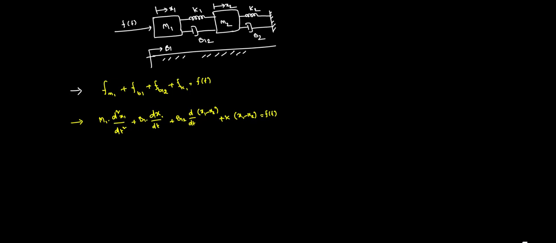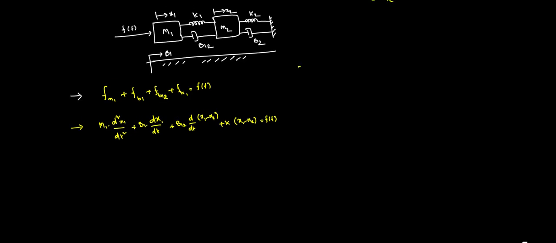Right? So similarly, if you write the free body diagram for the mass 2, I'm just making it simple, changing nothing else. That is f m2 plus f b2 plus f k2 plus f b12 plus f k1 is equal to 0. So simple, in the mass m1 this f, this b1, this b12, this k1 are acting. In the m2, b12, k1, k2, b2 are acting.